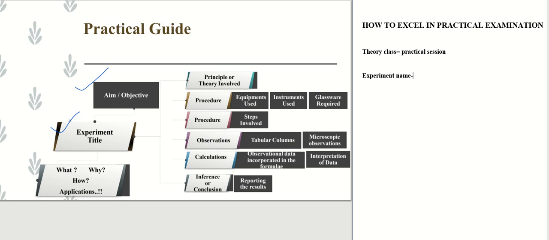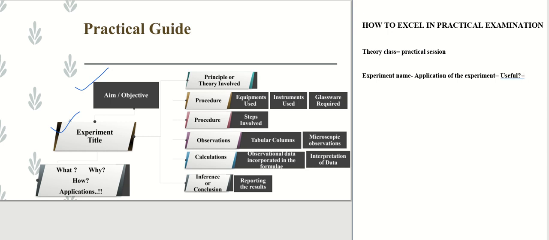Then, from the aim and objective itself, we should be able to draw how far this experiment is useful for a pharmacist, meaning the application of the experiment and how far it is useful.